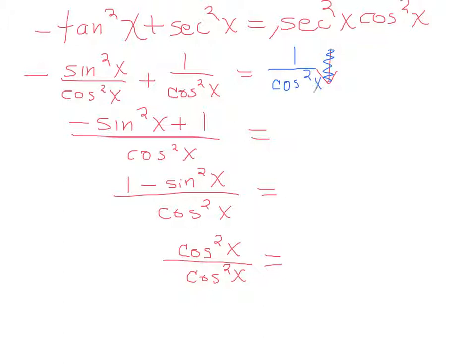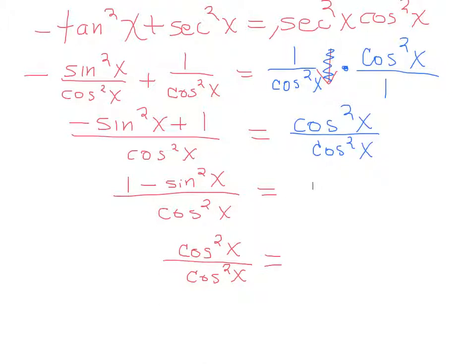Cosine square of x, okay. And that is multiplied by cosine square of x. It's equal to cosine square of x over cosine square of x, and that's just 1. So, oh, it's the same thing as the left side.